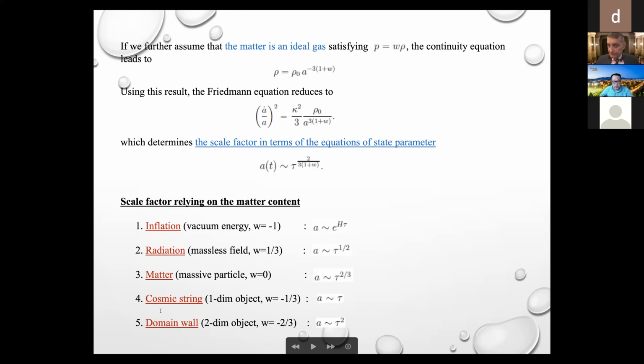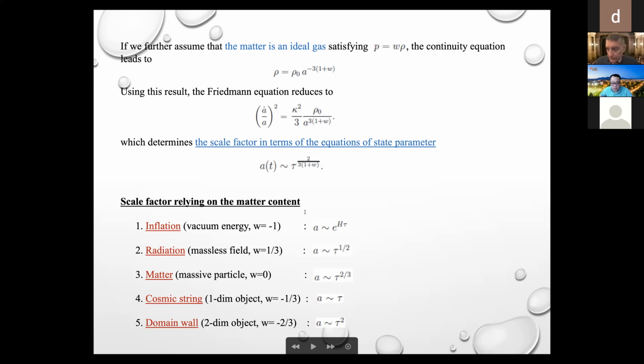If we consider more matter, let's assume that the universe contains a one-dimensional extended object called a cosmic string. Then the equation of state parameter of this cosmic string is -1/3. And for a domain wall, which is a two-dimensional object, the equation of state parameter is -2/3.